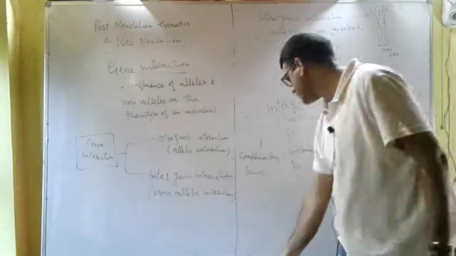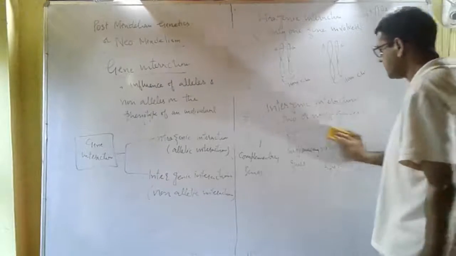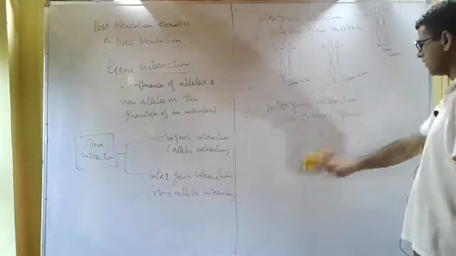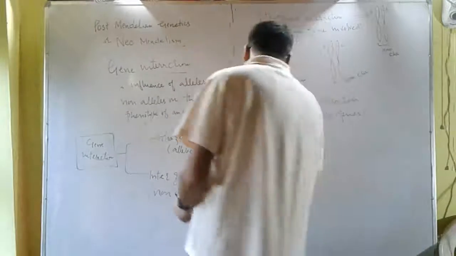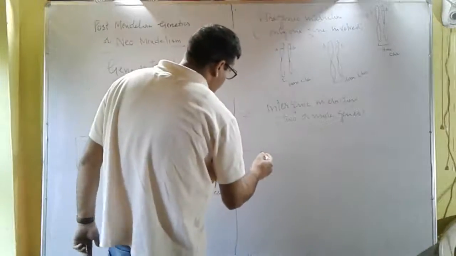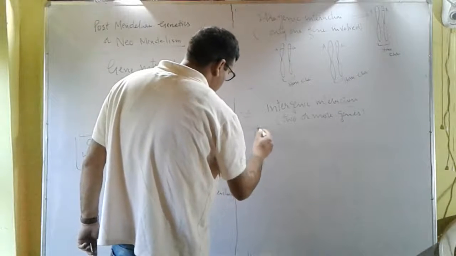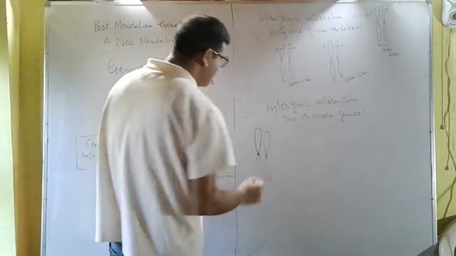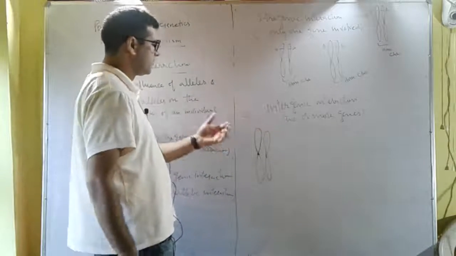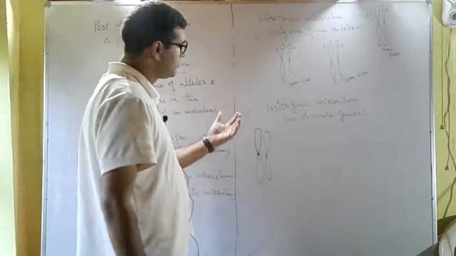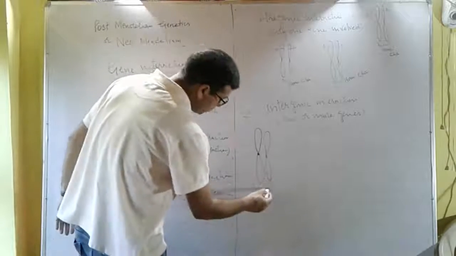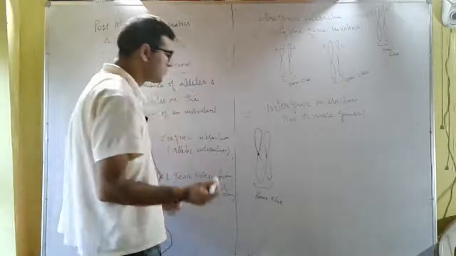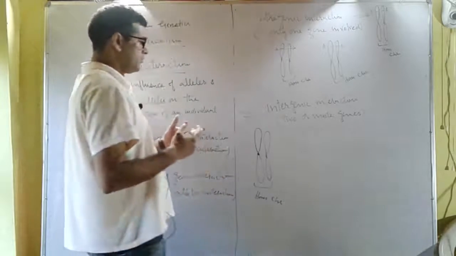Whereas in case of intergenic interaction, two or more genes are involved. It would be like this. In case of intergenic interaction, two or more than two genes present on the homologous chromosome interact to produce the phenotype.